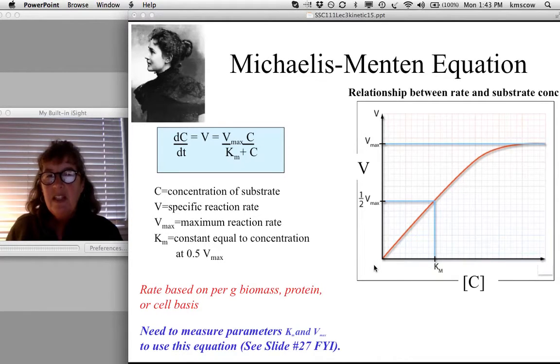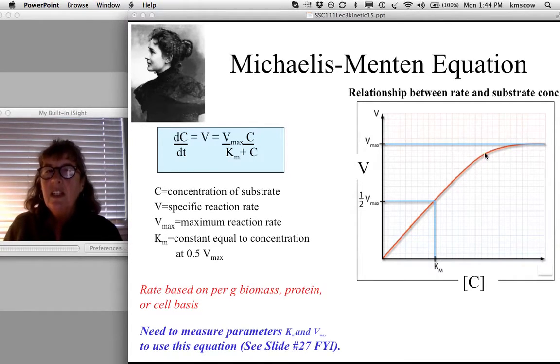And you can see down at zero, the origin, there's no concentration, there is no rate. And then as the concentration of the substrate increases, the rate proportionally increases, but at some point it starts to saturate.